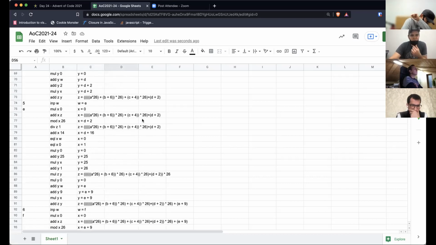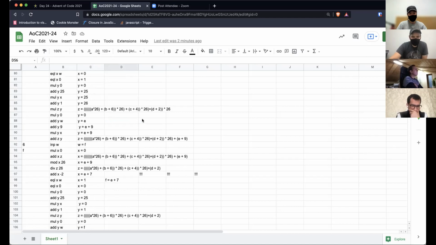Eventually you get to a point where, I guess this is probably different in everybody's input, you're popping off the last element that you added. Here you can see the last element that I added was E plus 9. And so now my X is E plus 9 because I did the modulo of that.